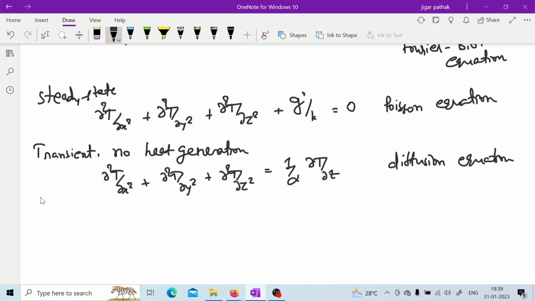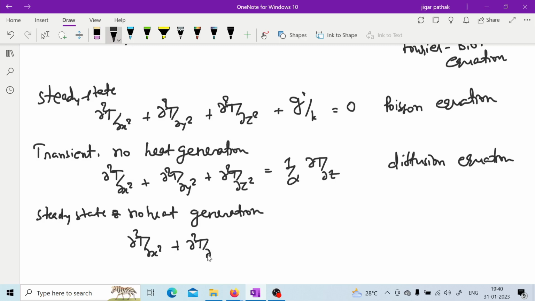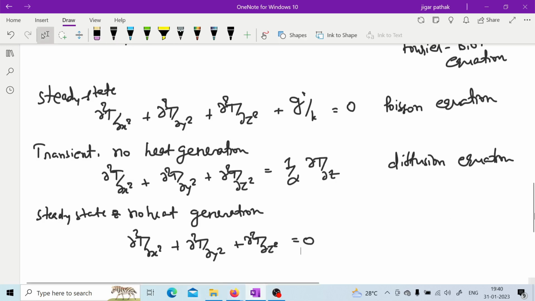And if you go for steady state with no heat generation, you will find it as this one. So this is how you can have your general heat conduction equation when you are considering all these three directions.